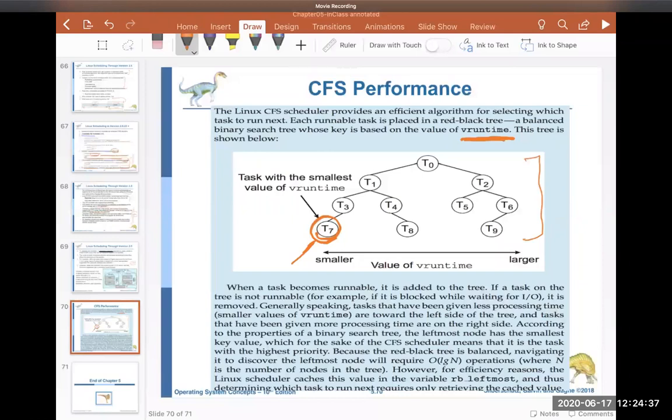Then we discussed CFS, which is used by the Linux system. It has all the functionalities which we discussed, and the advanced functionalities to cater to multiprocessor environments or NUMA type architecture. So it can handle all the scheduling requirements for different types of architecture.